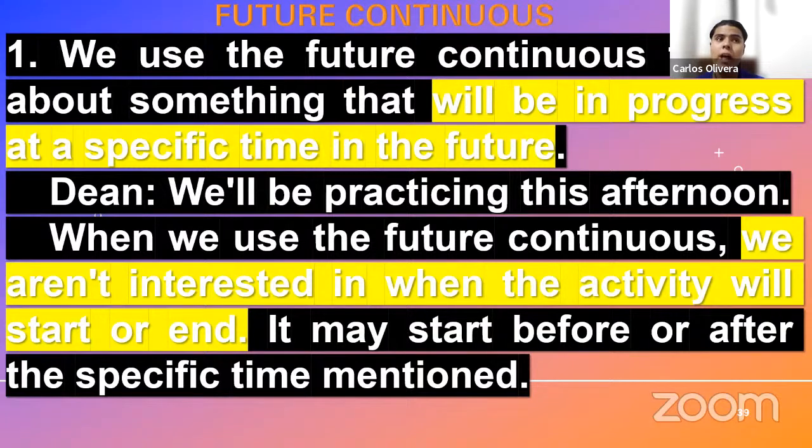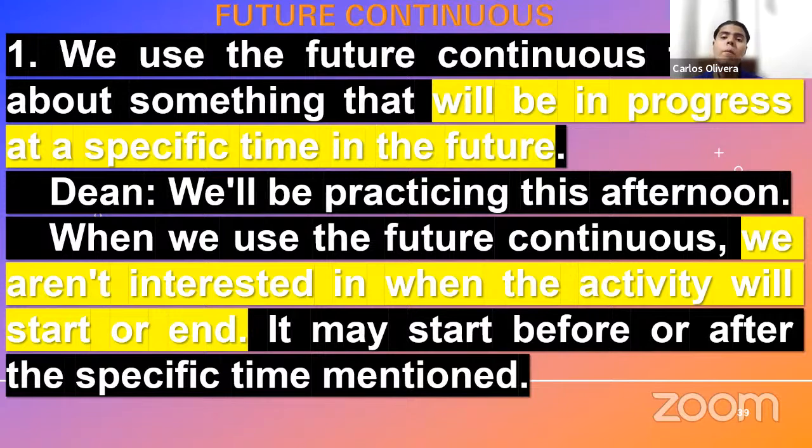The only thing that we are going to express with the future continuous is that in a period of time, as you can see in this case, "We'll be practicing this afternoon." In that period of time, in the afternoon, we don't know specifically at what particular time, but we do have something like a parameter.